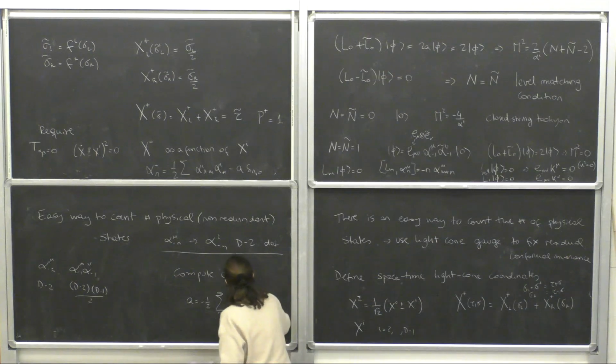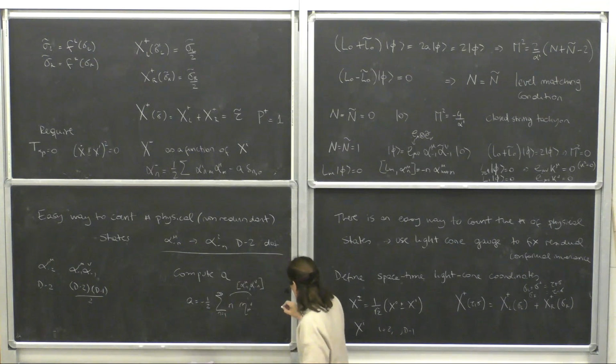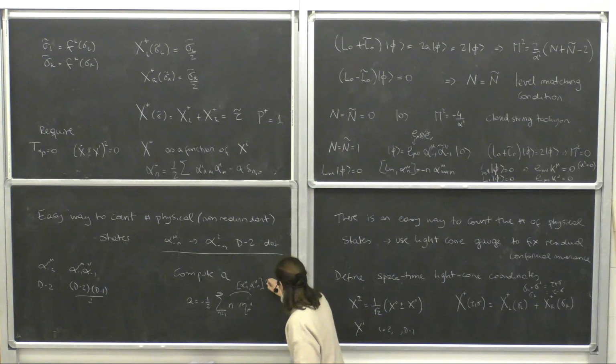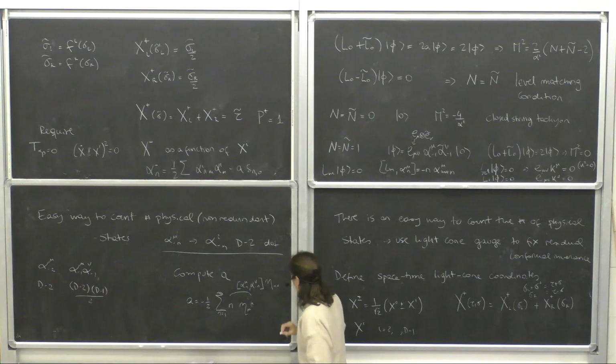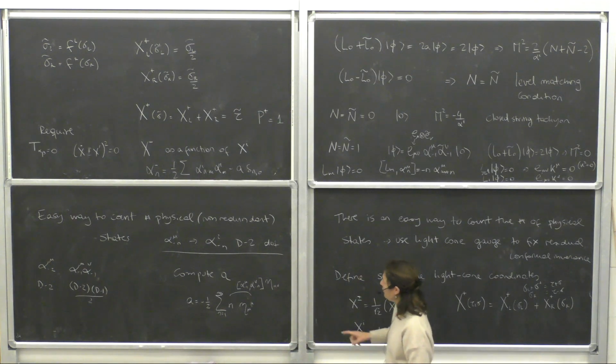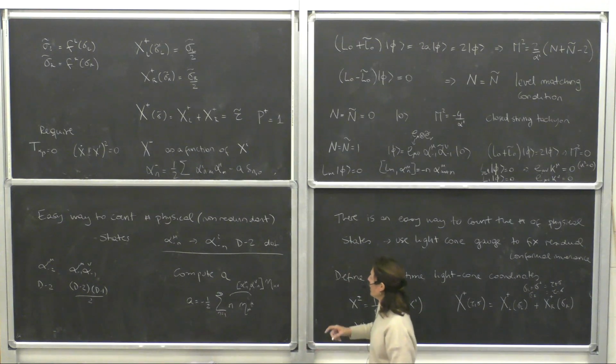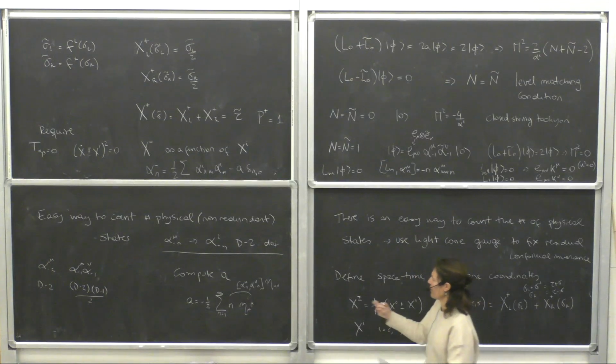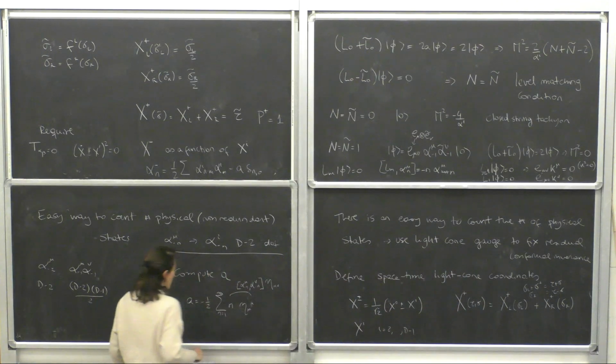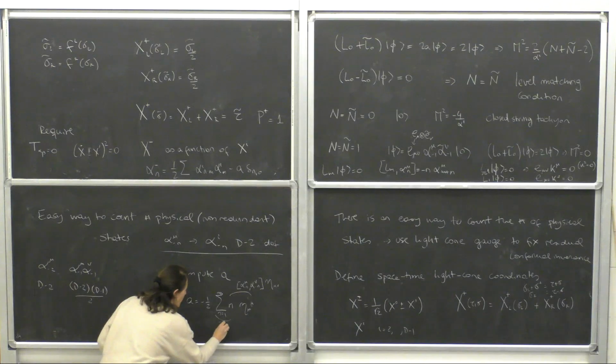So this thing here is a commutator of alpha mu n, alpha nu minus n, and then eta mu nu. When you do L0, you get by commuting the alphas n and the alpha minus n, this is what you get. So I said this is equal to minus 1/12.